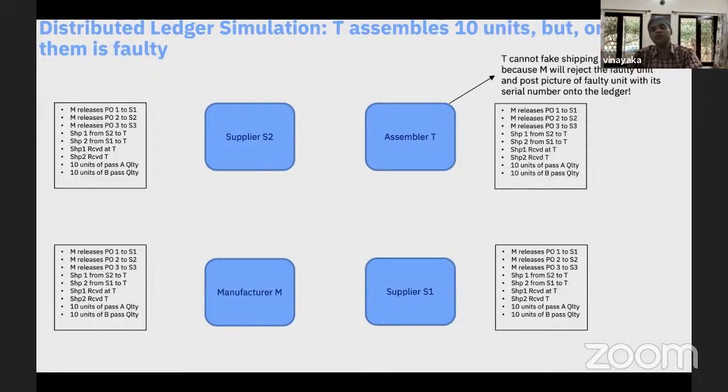So he makes a faulty assembly. Now the assembler cannot send a wrong message, right? If the assembler now says that I only assembled 9 units, but I did not goof up with one, others will be able to catch them, right?